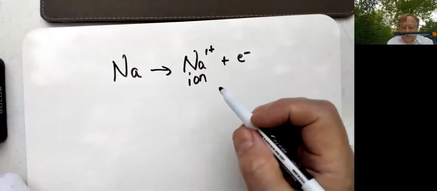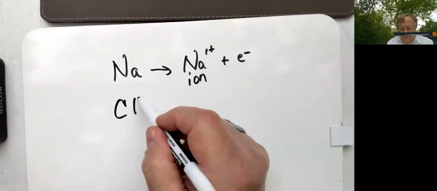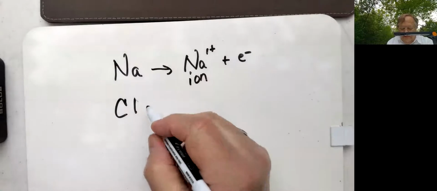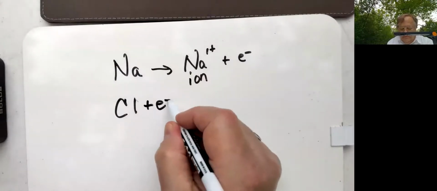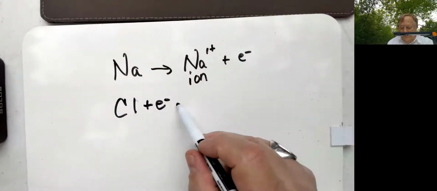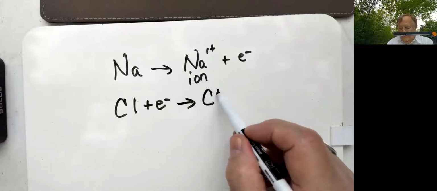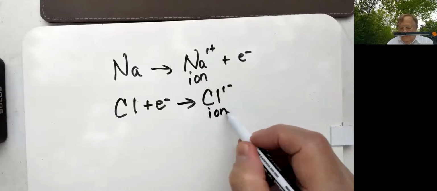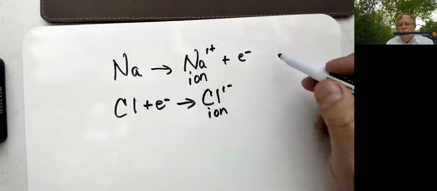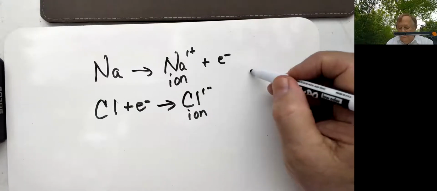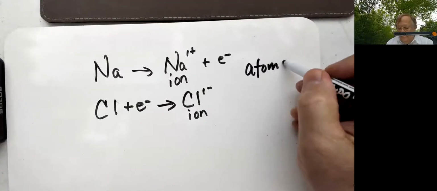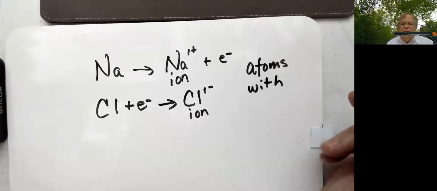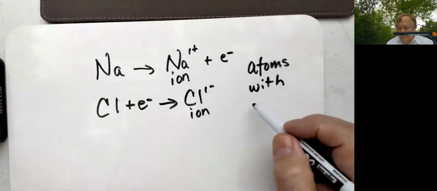And then when chlorine gains an electron, it becomes this, and this is an ion as well. So atoms with charges on them. This is about as simple a definition as you can get.